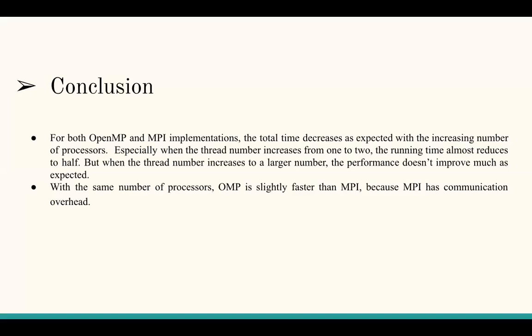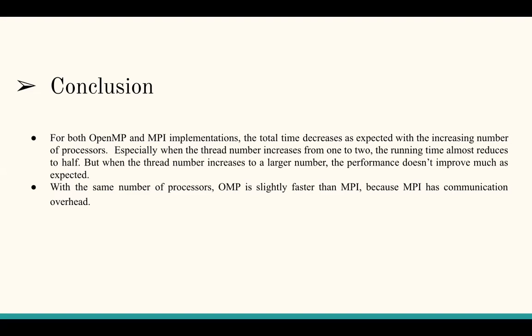And here is my conclusion. For both OpenMP and MPI implementations, the total time decreases as expected with the increasing number of processors, especially when the thread number increases from 1 to 2. The running time is almost reduced to half.